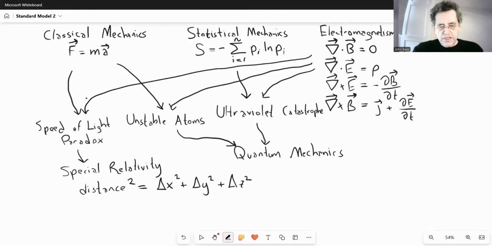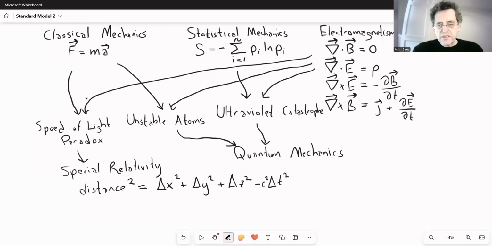If there's also a change in time between 2 points, that is, if one point or one event, we might call it, happens after another, then the change in time squared also shows up. And in fact, it shows up with a minus sign like this. Normally, we put the number c squared in here, that's the speed of light squared, to convert between the units of time and space.